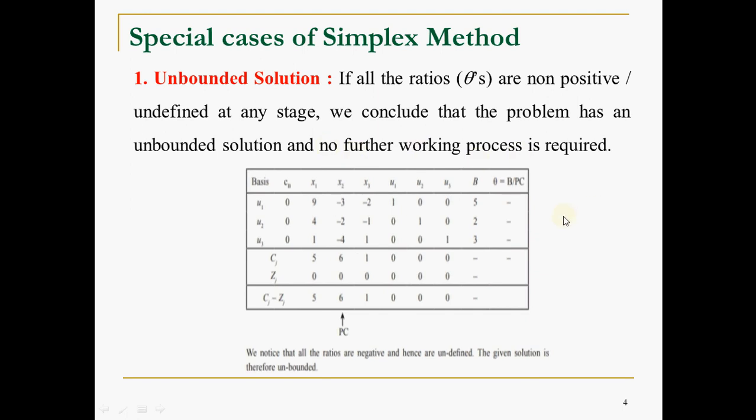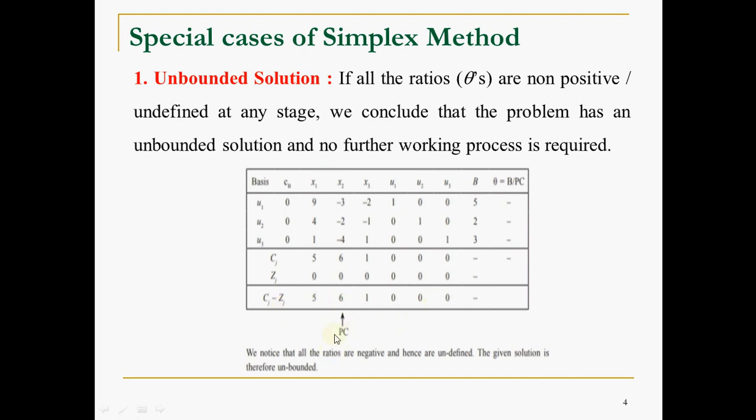So let us take an example for this. You have basis, CB, basic variables, slack variables, B, that is RHS, and theta. Assume that Cj minus Zj is 5, 6 and so on.